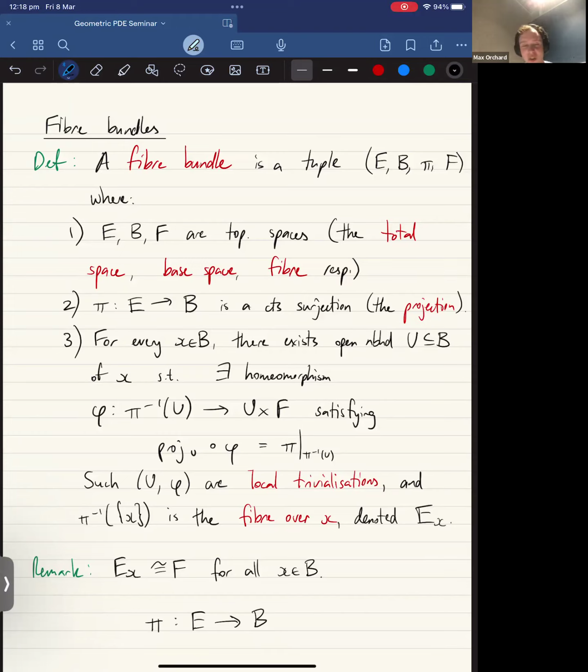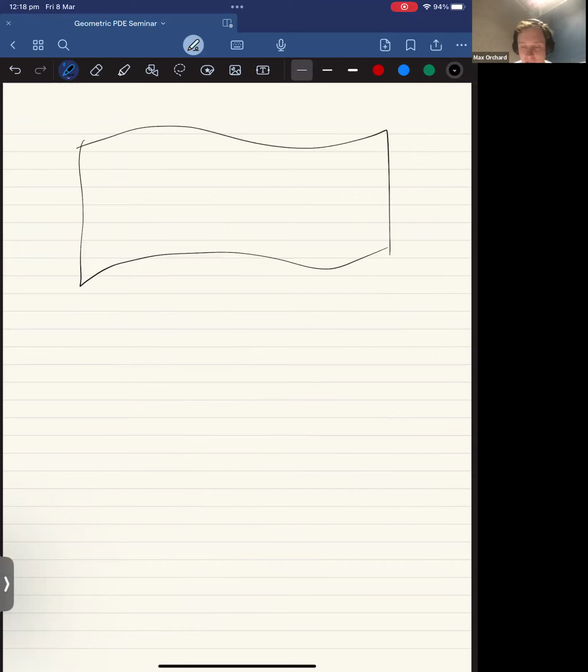This is a very technical definition. I'm going to draw a bit of a picture to maybe explain what each of these conditions mean a bit better. So the setup here is we have a base space B, which is some topological space. We have some total space E, which is in black.